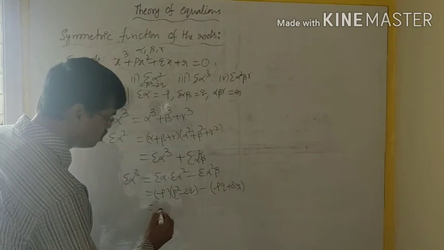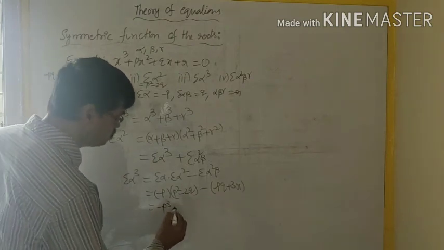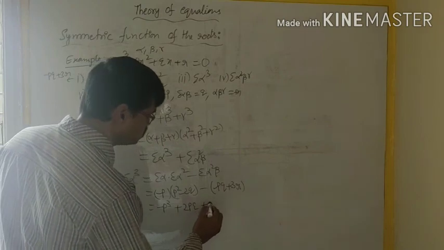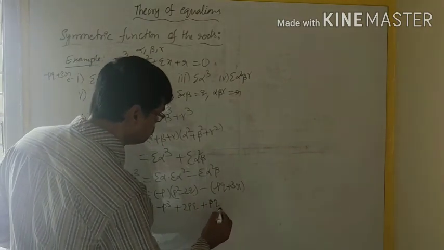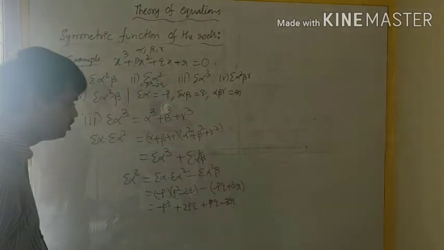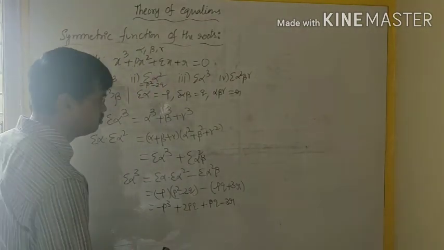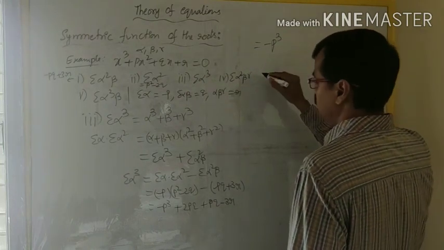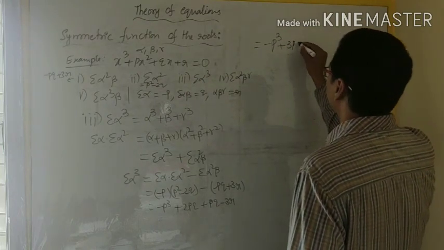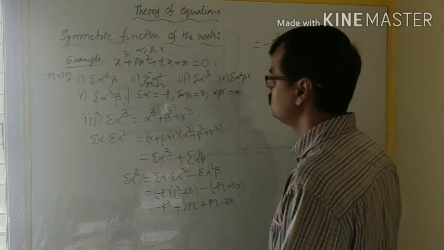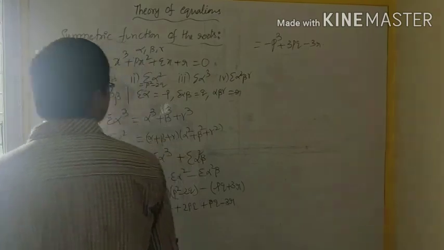So it becomes minus p cube plus 2pq, plus pq minus 3r. So you got minus p cube plus 3pq minus 3r. Okay, this is the sigma alpha cube value.